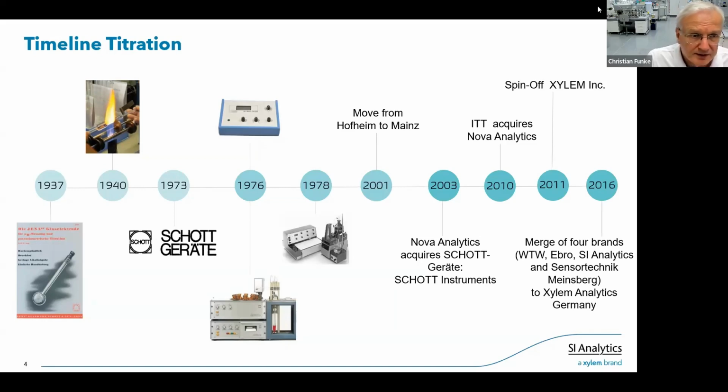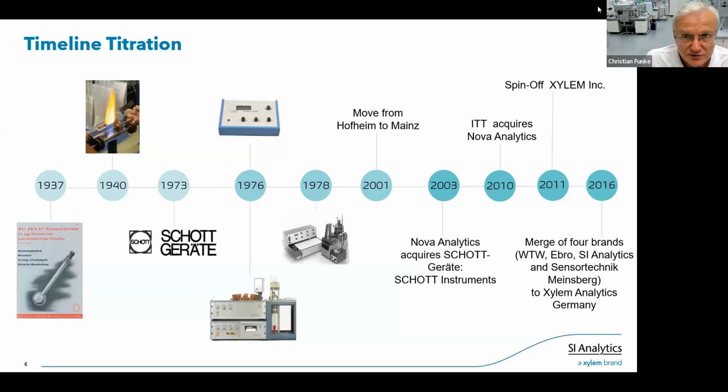And also in the 70s, we started with manufacturing of pH meters and viscosity measurement systems, and since 1978, we also manufacture titration instruments. Until 2000, we were in Hofheim, between Frankfurt and Mainz. We moved in 2001 back to the headquarters of Schott in Mainz.